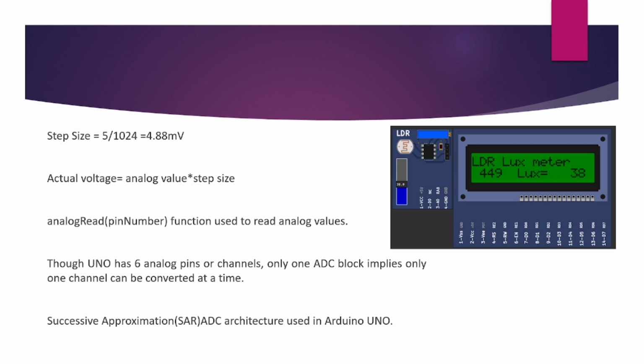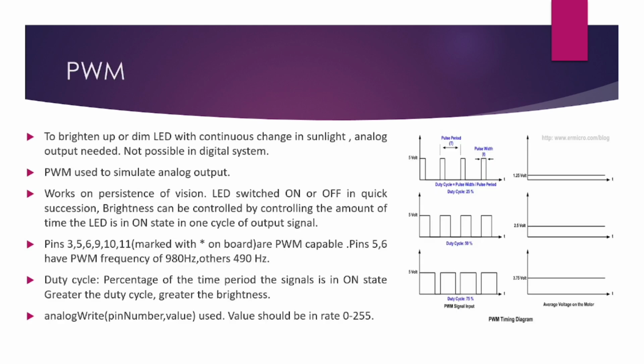This is the calculation that has been done to control the brightness of the lights through the resistance present in the LDR. PWM. PWM is the pulse width modulation technique. PWM is used to simulate analog output. It works on persistence of vision.